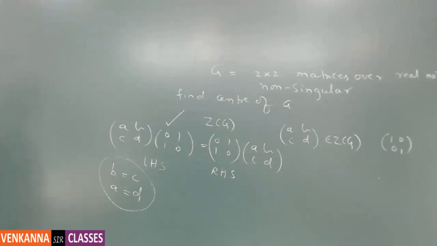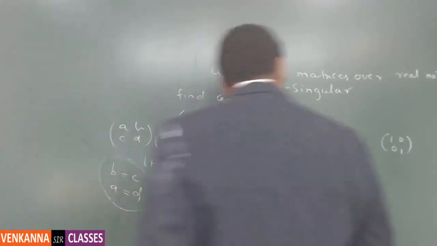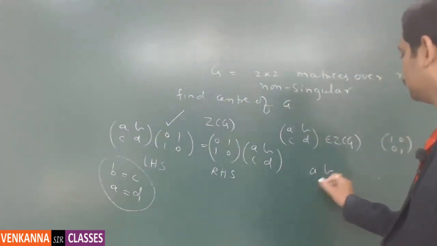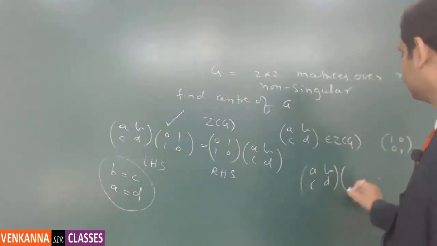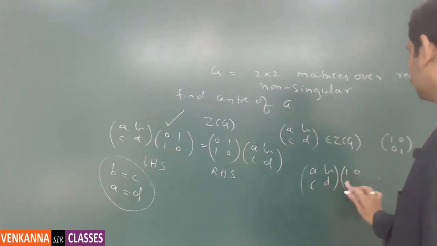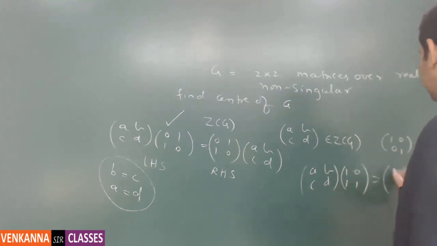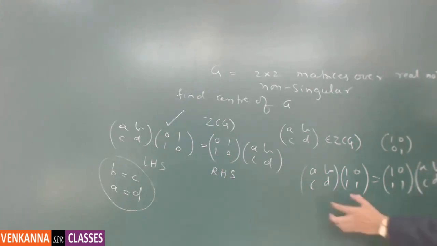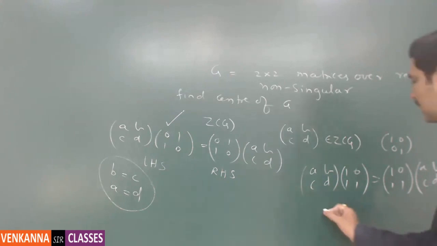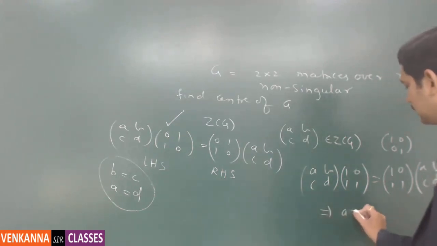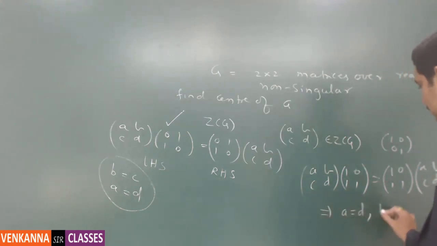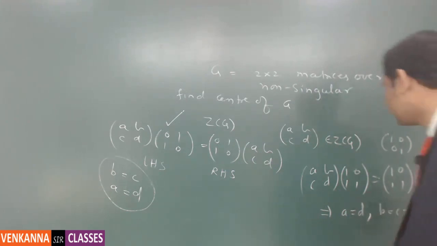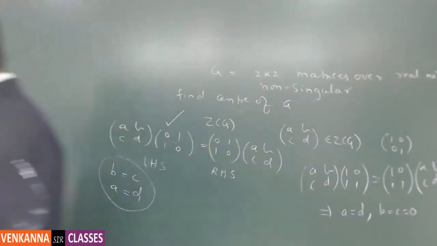Fine. Now I request you to check with another matrix. You multiply these two and give me the conclusion. Here I will say that on observation you will get A is equal to D. This thing you will get.